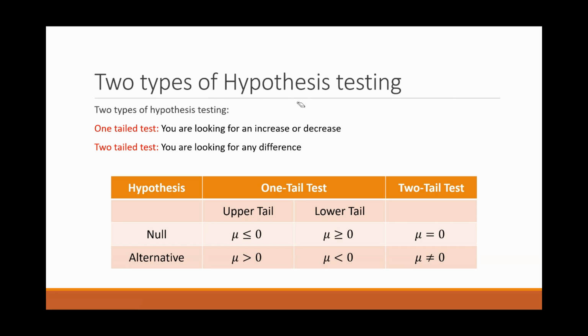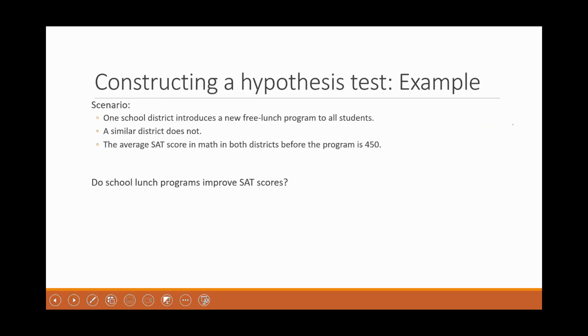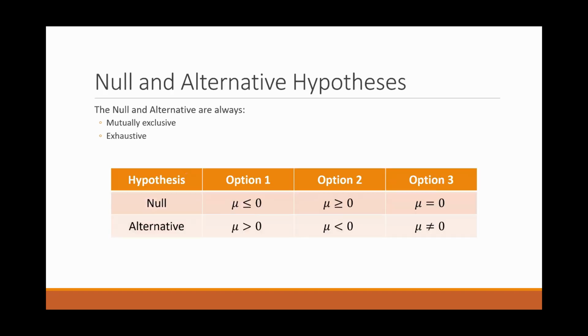The way I like to say it, the null hypothesis is always that what we're looking for isn't there. So in this research question, we're asking, do school lunch programs improve SAT scores?